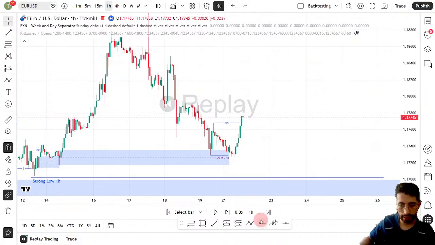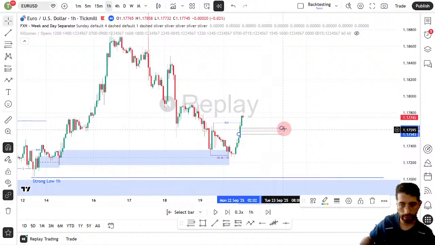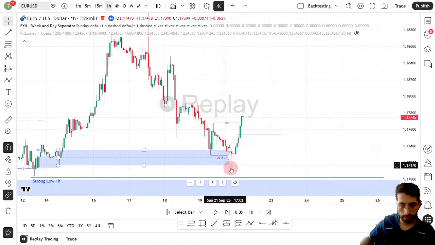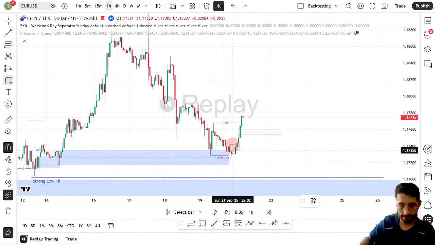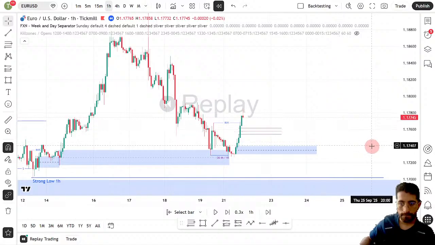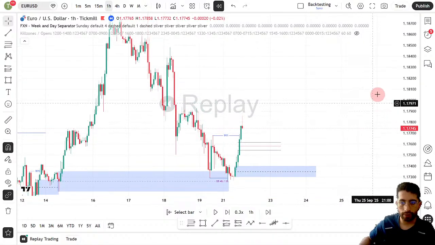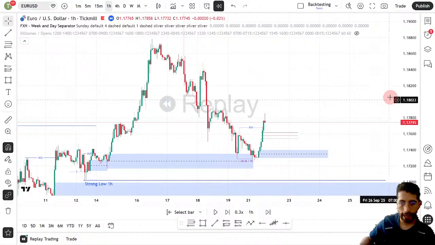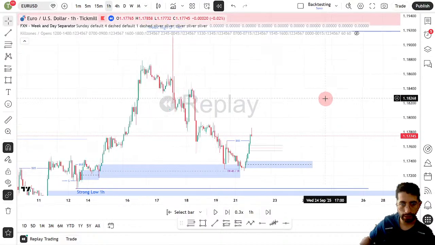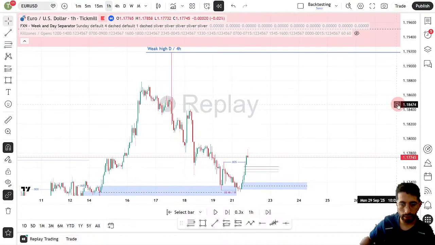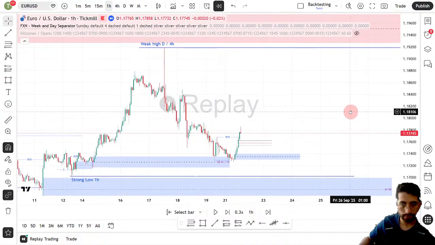One of the areas I'm looking at is this imbalance, or probably this order block right here. Now we're going to wait for the price to get to these areas, and then keep analyzing and see what would be a good result right here, right?